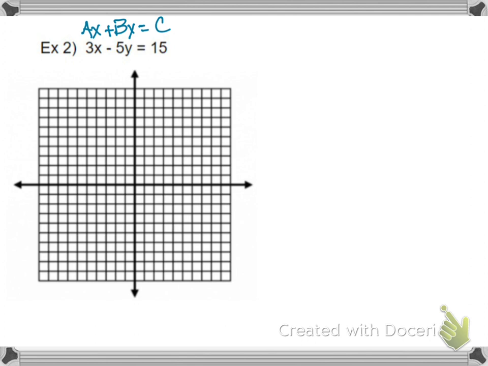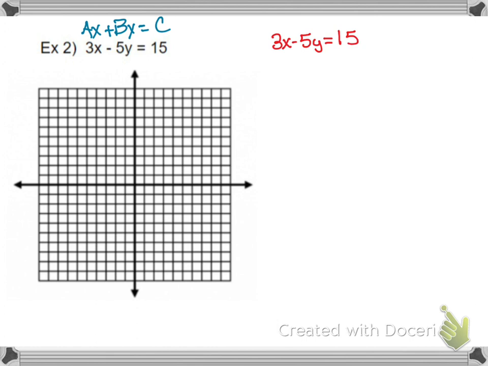In order to find x and y intercepts when your equation is in standard form, you're going to plug in zeros. So we have our equation 3x minus 5y is equal to 15.